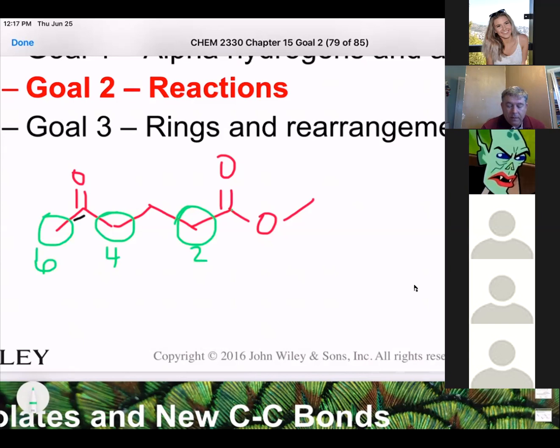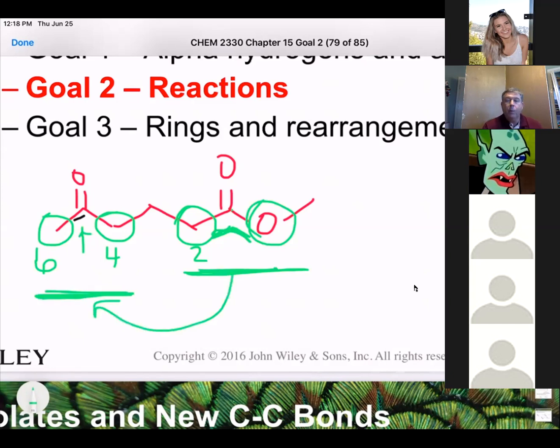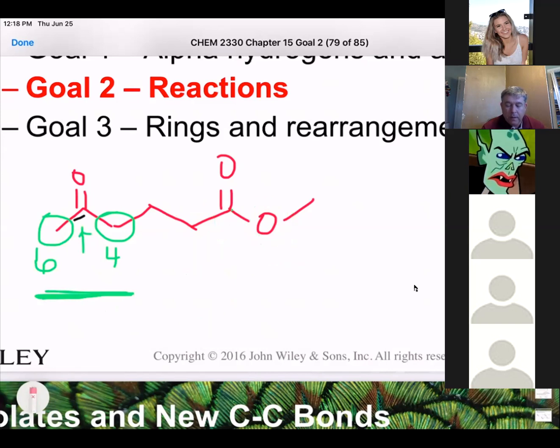When we have an ester right here, that does not withdraw as much electron density as just the ketone, because we have an electron-donating atom here. What that means is that we're not going to deprotonate here. If we have to choose between a ketone and an ester, this one's actually more acidic because it doesn't have this electron donating atom. So we're not going to remove that proton.